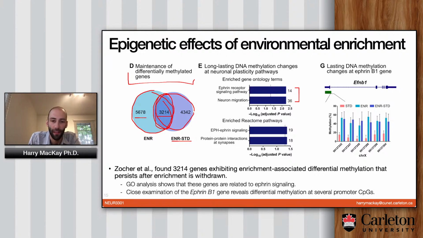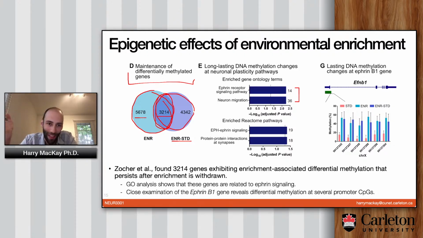The ephrin signaling pathway is involved in neural development and it guides the migration of neurons and so on and so forth. So it's a set of genes, I guess, that you'd expect to be increased in mice with a lot more brain development happening.